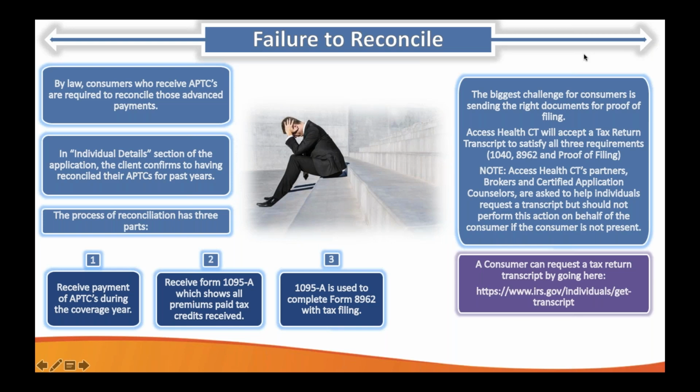There's a website down below that we advise you to direct them to, and they can get that transcript. I have heard there's been a little difficulty getting the information back, but after a couple of tries they get it, and they have to forward it to us so they can prove that they reconciled their taxes.